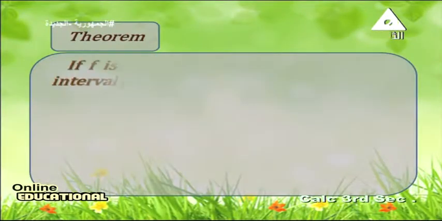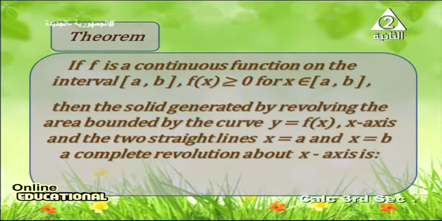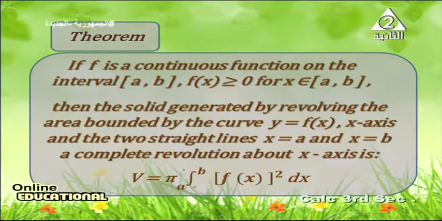If the function f is a continuous function on the closed interval [a, b], and f of x is bigger than or equal to 0 for each x belonging to the closed interval [a, b], then the volume of the solid generated by revolving the area bounded by the curve y equals f of x, the x-axis, and the two straight lines x equals a and x equals b, a complete revolution about the x-axis, equals the definite integral of f of x to the power 2 dx from a to b.